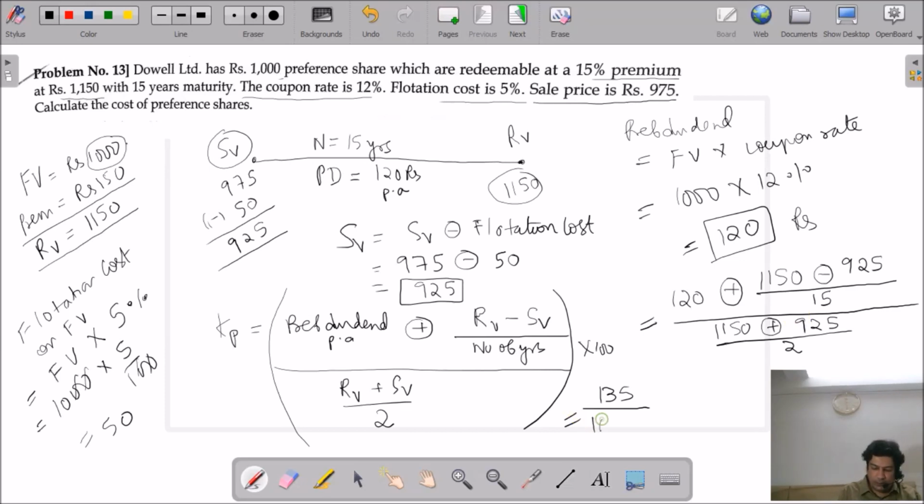So I will be getting 1037.50. This entire I am going to multiply by 100. So 135 divided by 1037.50 percentage. So 13.01% will be nothing but the cost of my preference share capital.